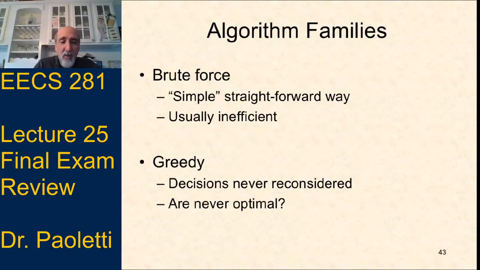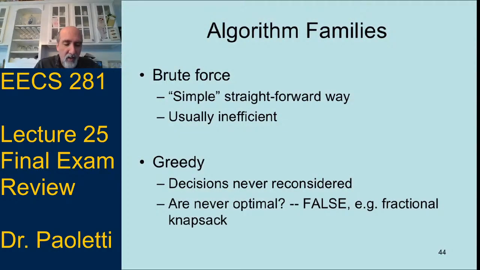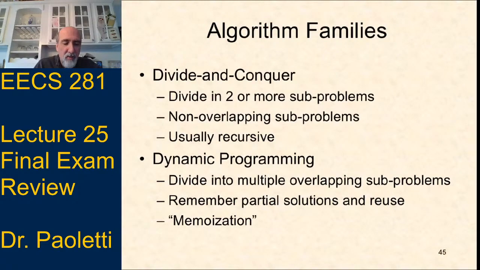So Prim's algorithm, Kruskal's algorithm, Dijkstra's algorithm are all greedy, and as long as you follow their rules about what's allowed, then you get an optimal solution. But for some, like knapsack, greedy is not usually optimal. For a specific set of data, it might be. But for fractional, greedy is always optimal because of the fractional.